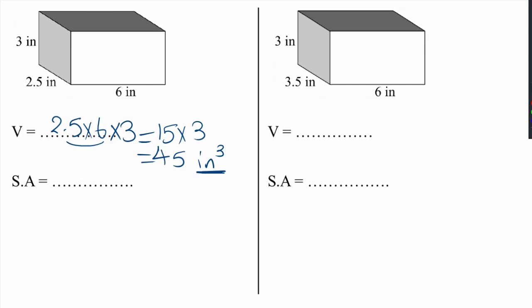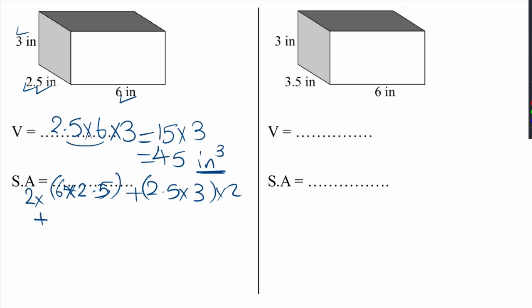The surface area. Take 6 with 2.5. 6 times 2.5 times 2, plus the second with the third, 2.5 times 3 times 2, plus the first with the third, 6 times 3 times 2. 6 times 2.5 is 15. 15 times 2.